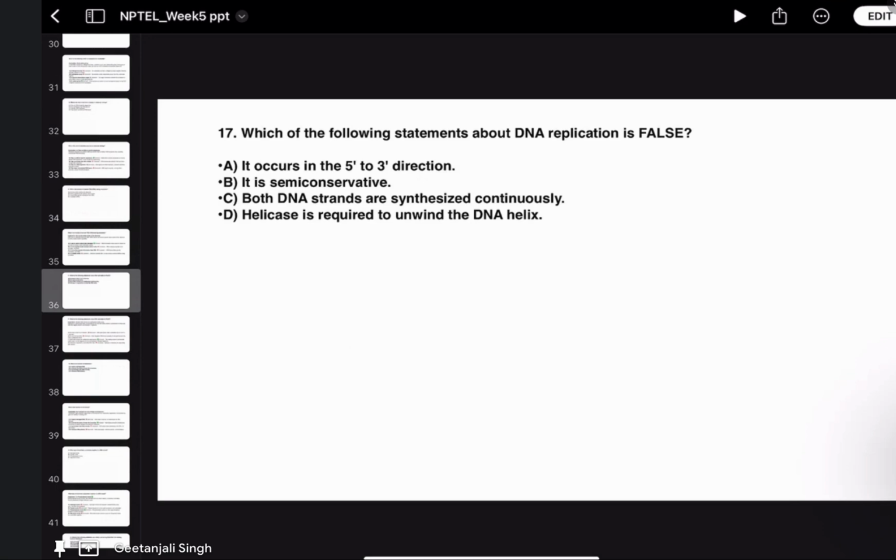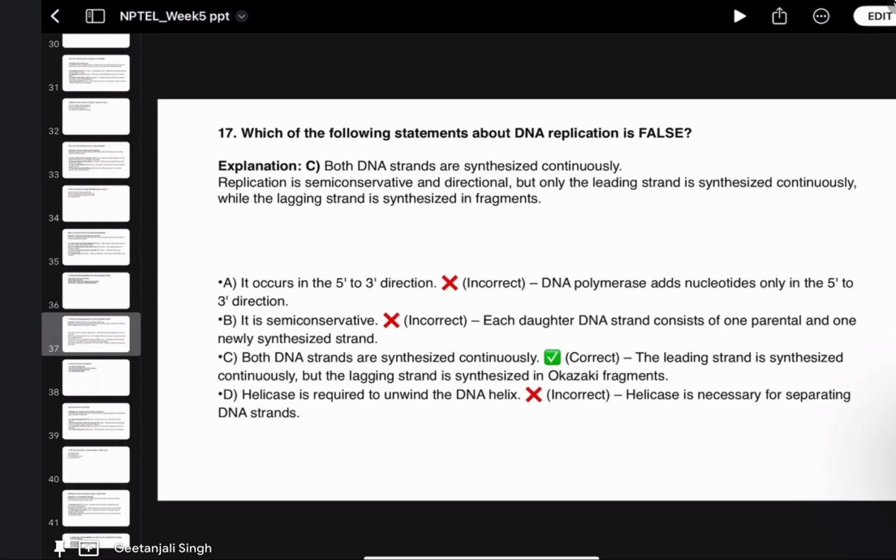Yeah, again, both of you are correct. Both strands of DNA are not synthesized continuously. The lagging strand is discontinuous, made in Okazaki fragments. The replication is semi-conservative and directional from 5 to 3, but only the leading strand is synthesized continuously, while lagging strands are synthesized in fragments, which are later ligated by ligase enzyme.